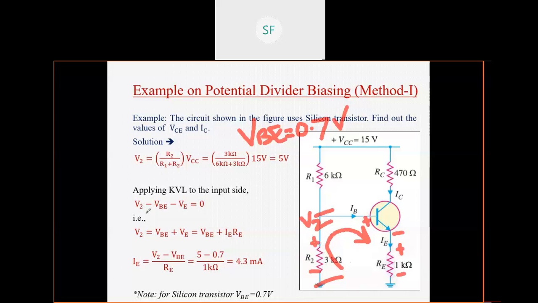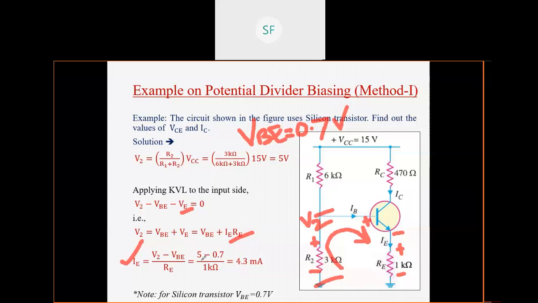So you will get this particular expression, V2 minus VBE minus V. Again we know that V is nothing but IERE. So you will get this particular formula. Now once you got this formula, you have to just put the value and get the answer.